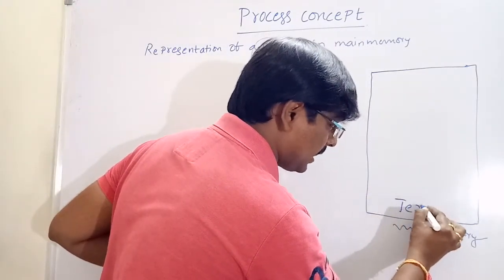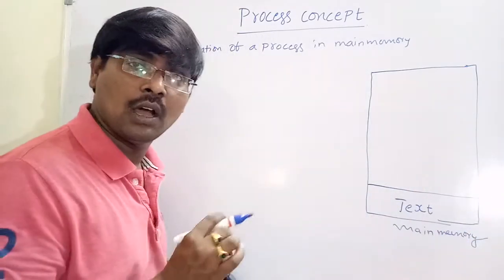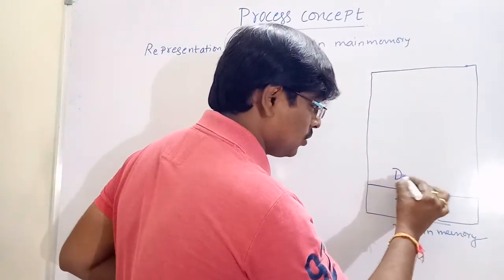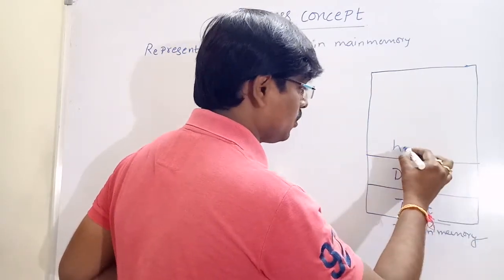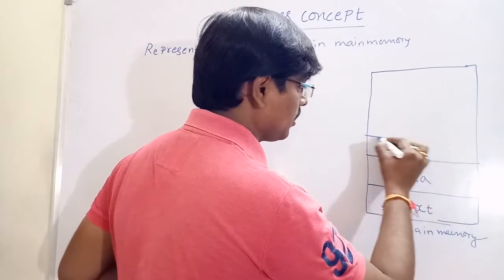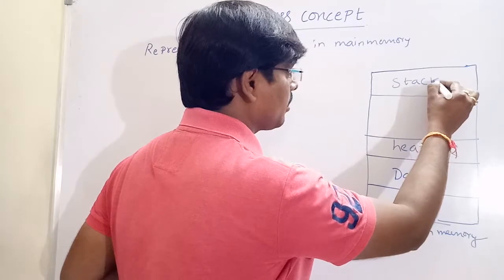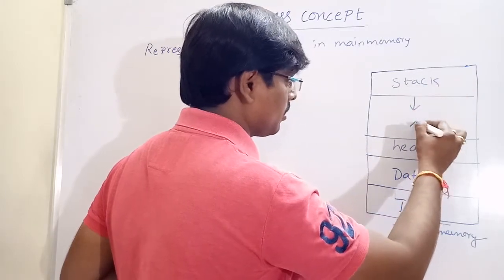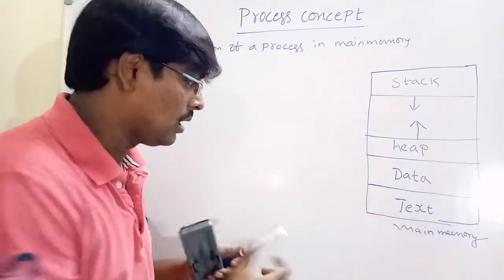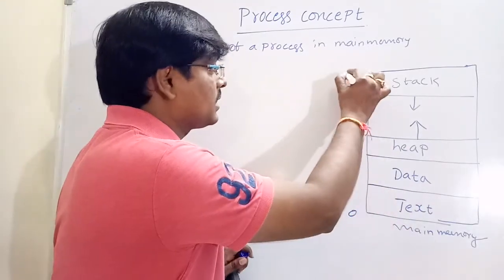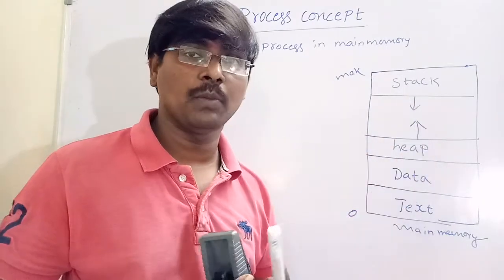One is called text section or code section. Next one is data section. Next one is heap. Next one is stack. This is the representation of a process in the memory. For example, addresses from 0 to some max.